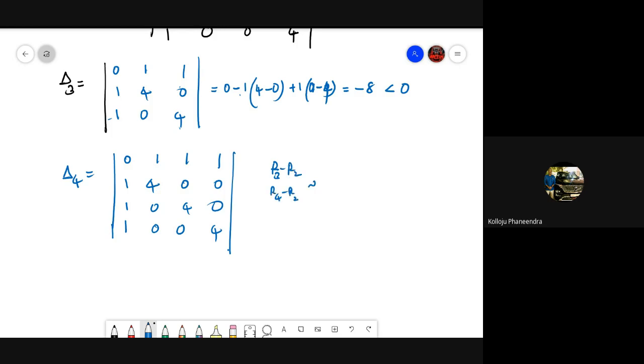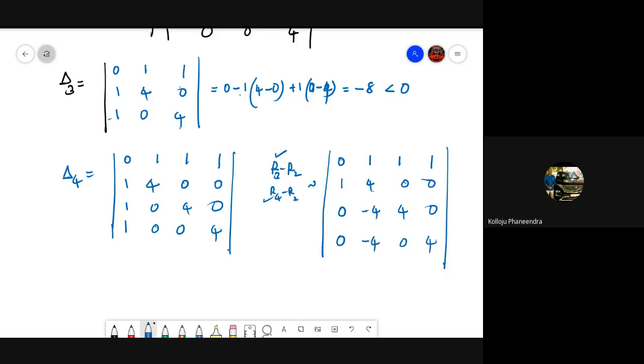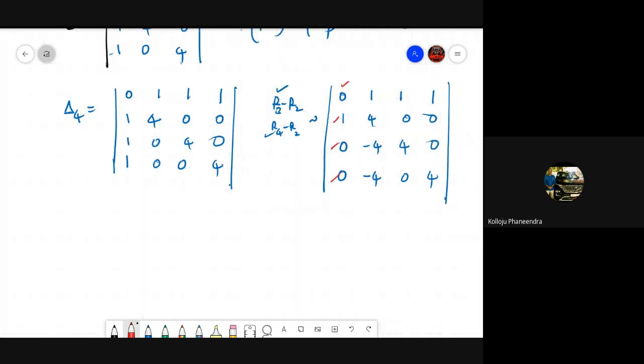There is no change in the first row or the second row. The change is in the third and fourth rows: 1 minus 1 is 0, 1 minus 1 is 0, and this becomes minus 4, 4, 0; the other is 0, minus 4, 0, 4. Now expand the determinant using the first column. First one 0 into something is 0. Minus 1 into what?